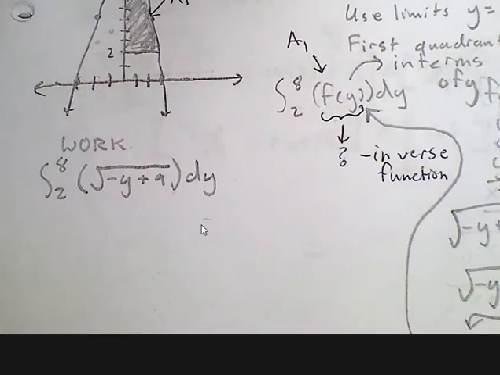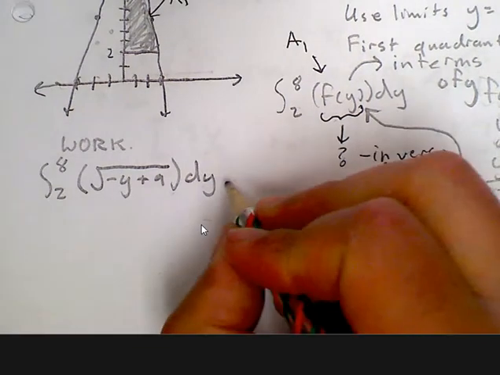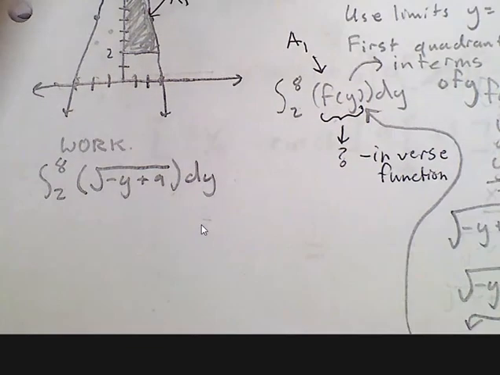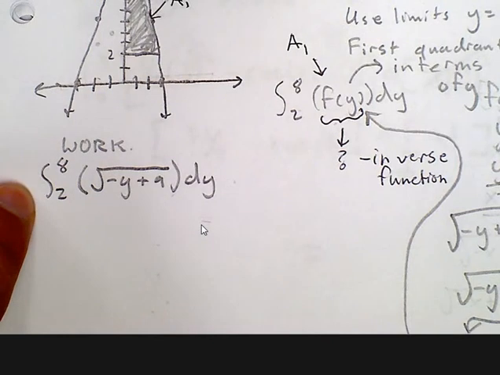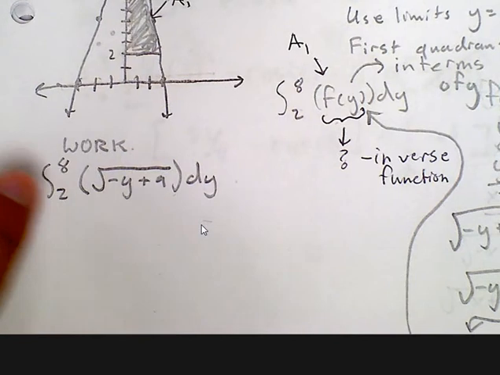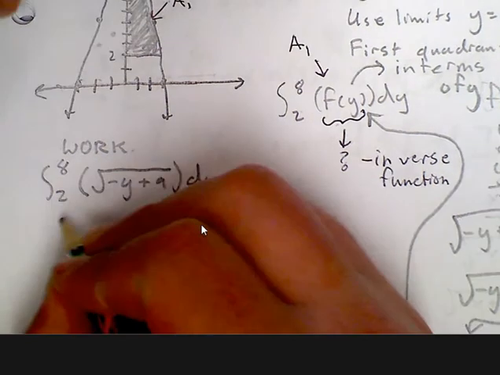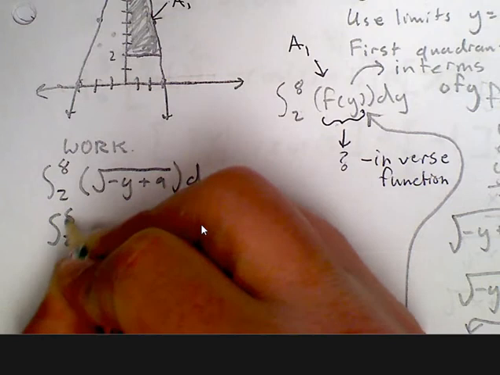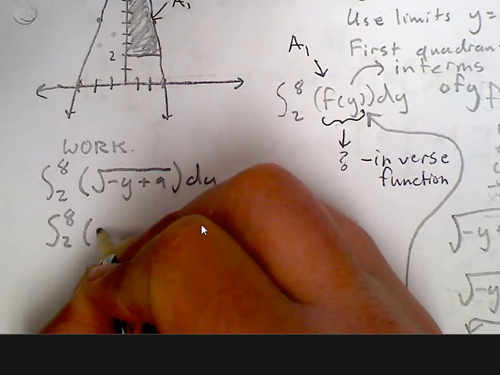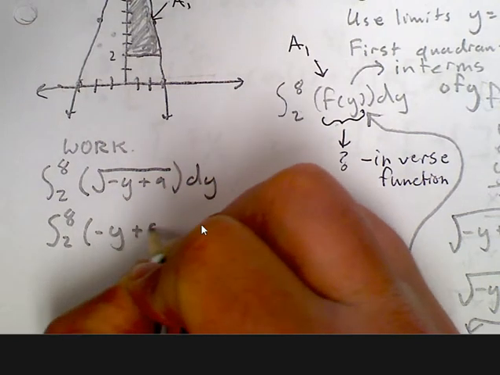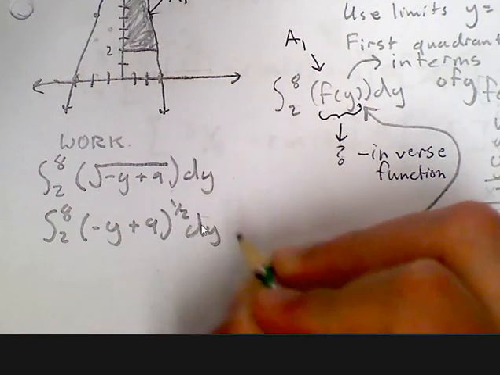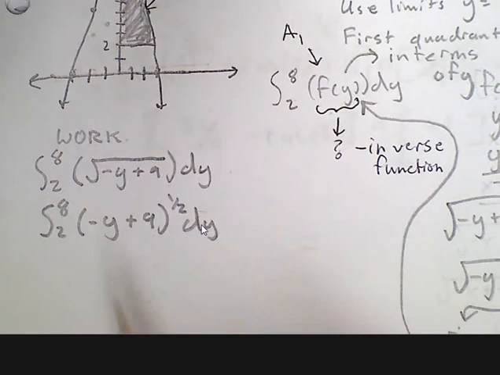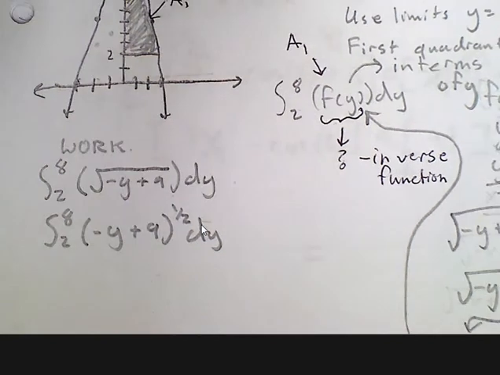I'm going to integrate this the same way as I would integrate an x, because I'm literally treating it like an x. But I have an issue: I have parentheses raised to the 1/2 power, and I can't do this directly. But I can do my u sub.